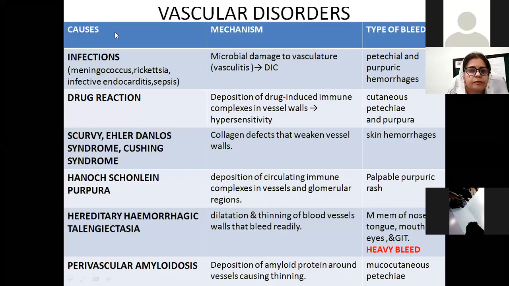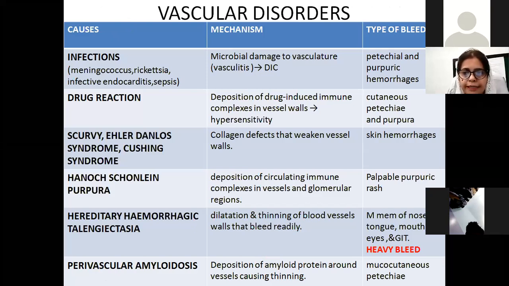All right. Now, there are certain vascular response disorders which give rise to excessive bleed. Most commonly, vascular disorders cause minimal bleed. It is mostly confined to the skin in the form of petechiae or maybe purpura.